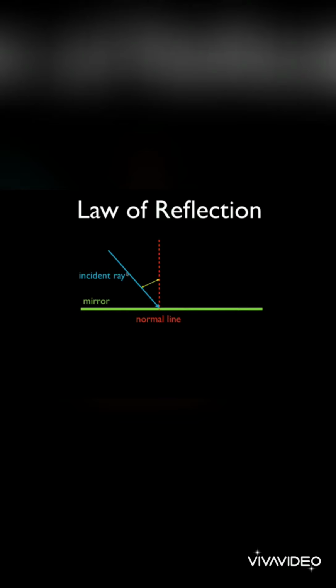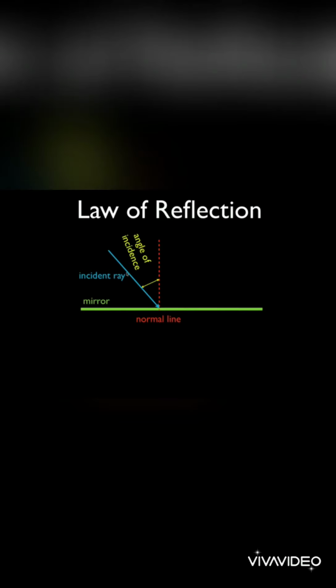Now after the striking of the incident ray, the light also travels, it gets reflected back, and this is called the reflected ray.